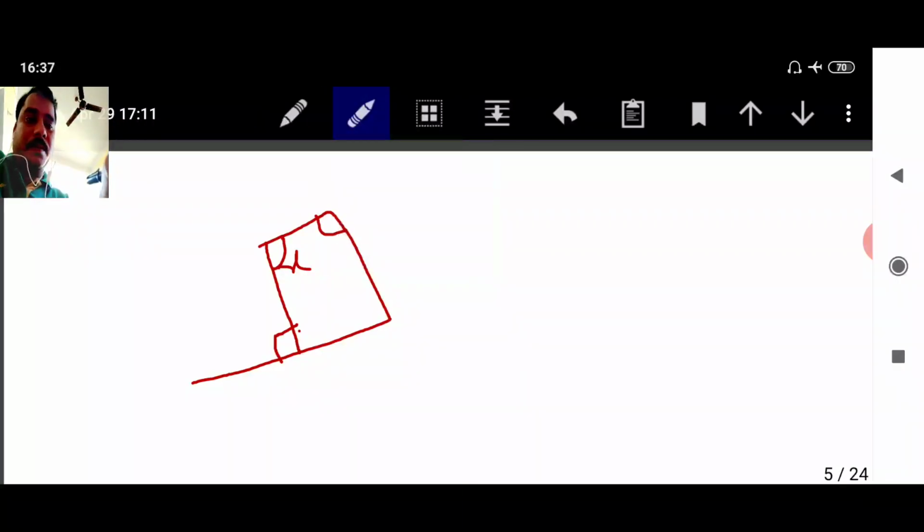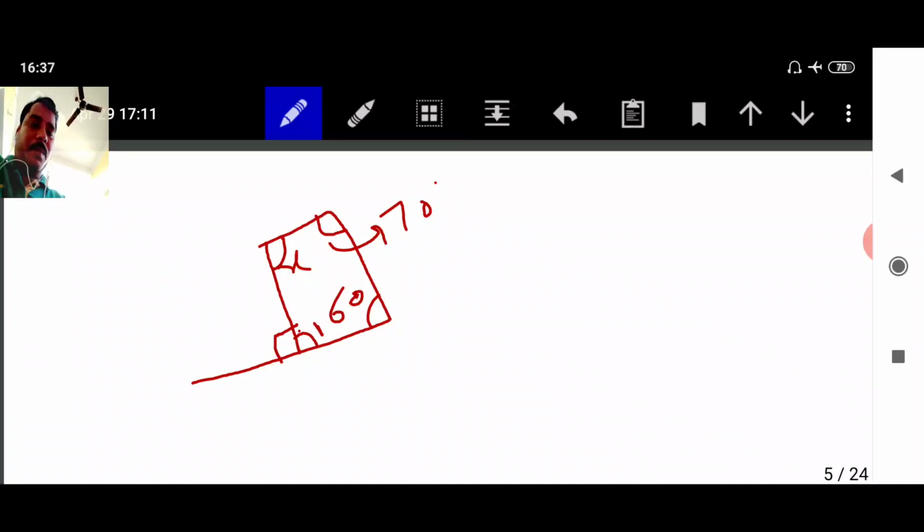We write here the measurement 70, and this is 60, and let this angle be 1. And this is A, B, C, D, O.